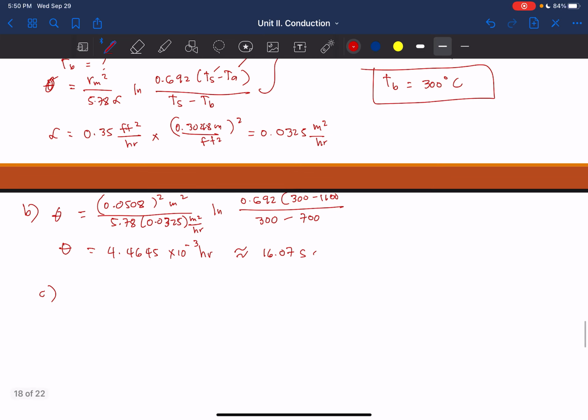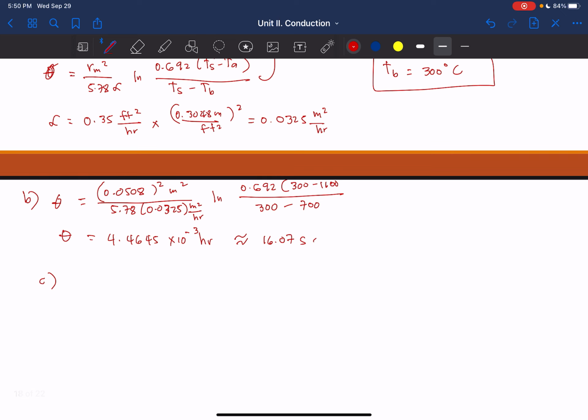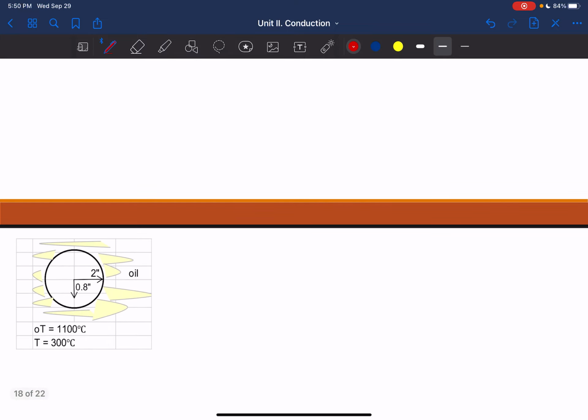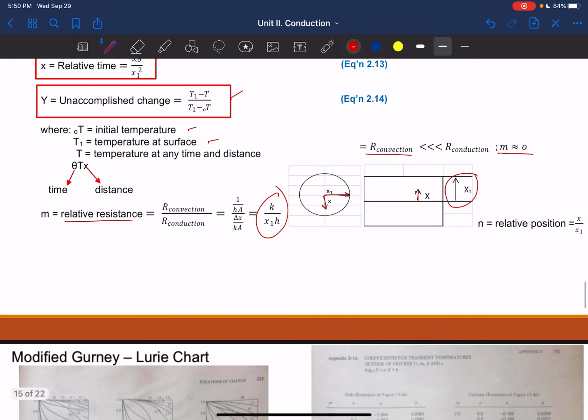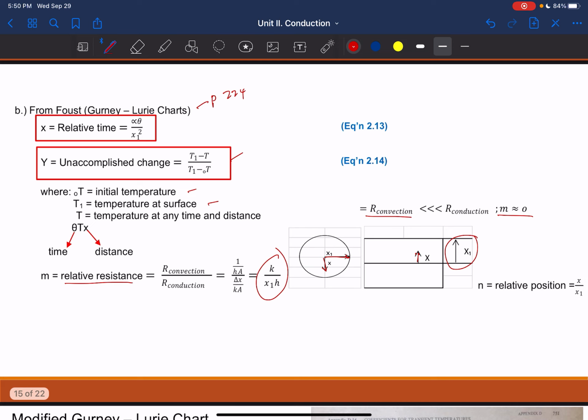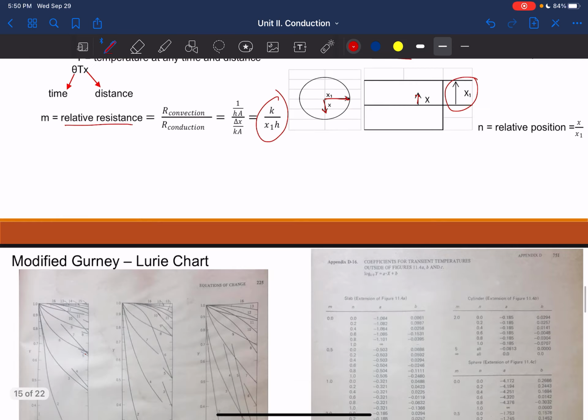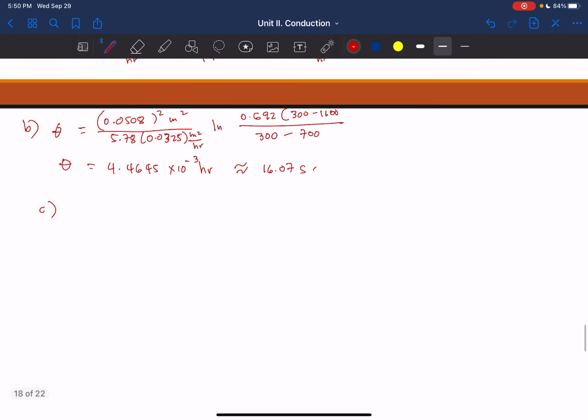Letter C requires us to find the temperature 0.8 inches from the center after 1 minute. So, your task is to get the temperature 0.8 inches from the center. That would be your x. Using your Bernoulli chart, your X is alpha times the time over x sub 1 squared.